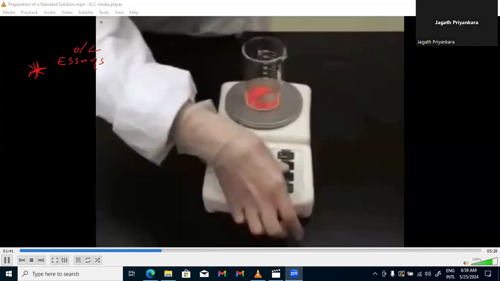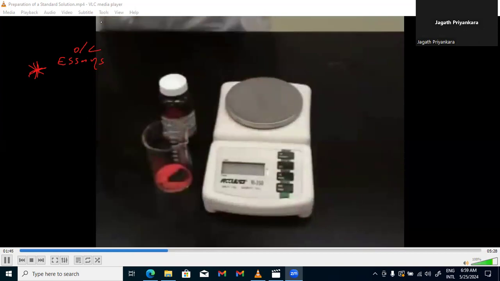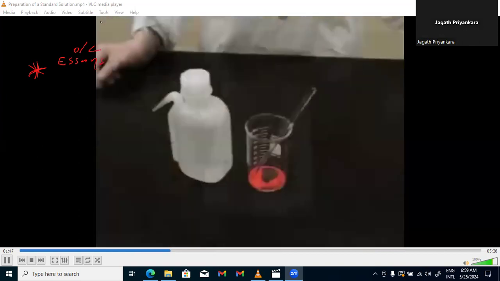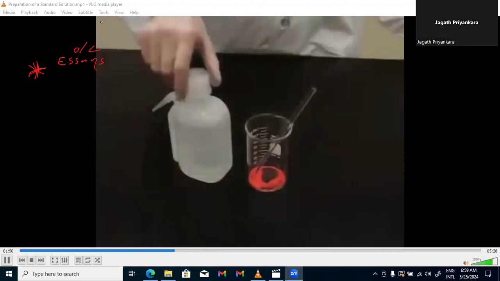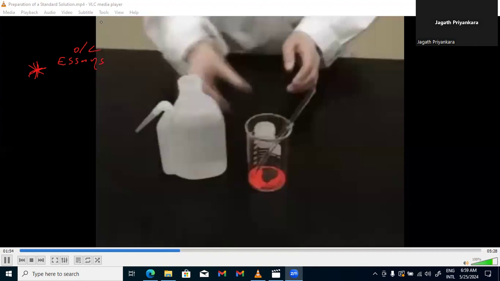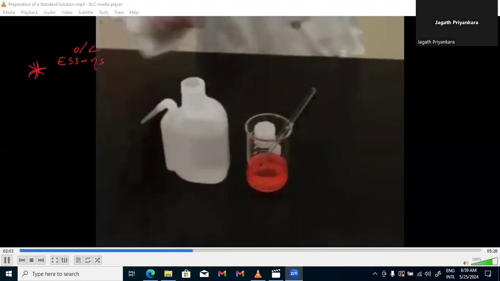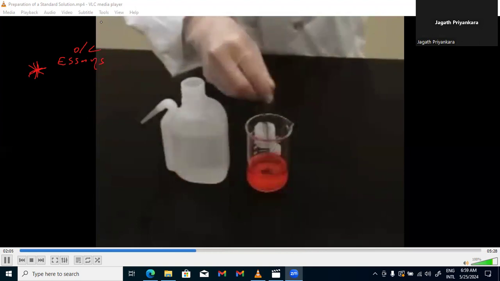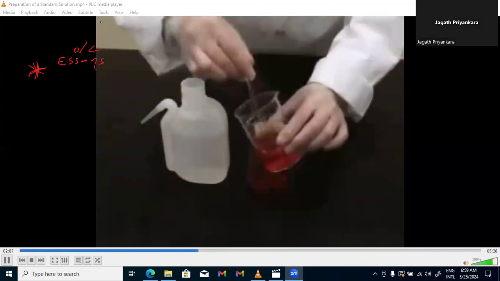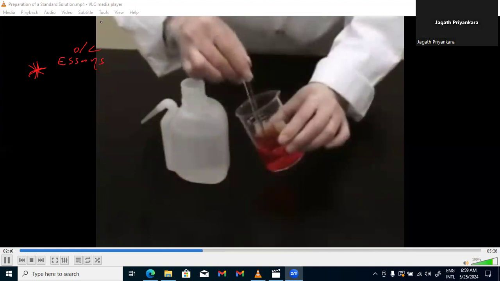We may now turn the balance off and remove the beaker. To make the solution, we will now add approximately 50 milliliters of water to the beaker, and stir the mixture to dissolve the solid. When the solid is completely dissolved, we may now transfer the solution to the volumetric flask.